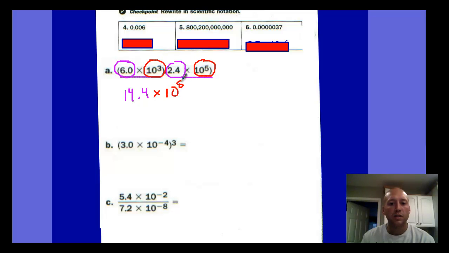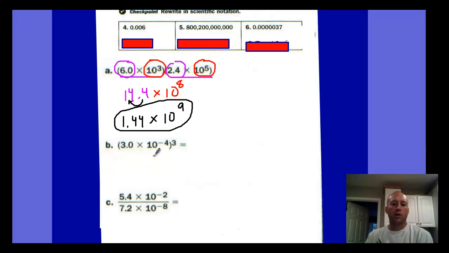We add those, 10 to the 8th. But this one right here is actually not, the answer is not in scientific notation yet. We still need to move the decimal 1 spot to the left to make that number between 1 and 10, so 1.44. Now if we want to move the decimal 1 spot to the left, we need to increase our exponent by 1, so we need to multiply by another 10 to make it equivalent. So this would be the answer in scientific notation.